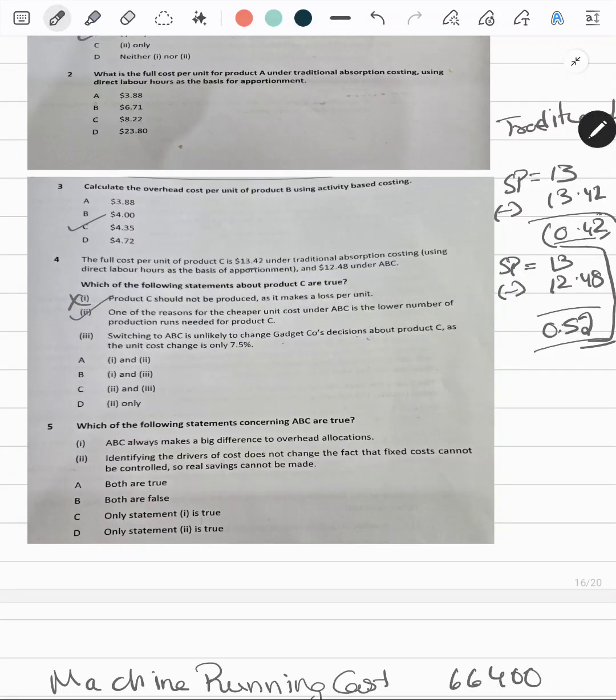Switching to ABC is unlikely to change Gadget company's decision about product C, as the unit cost saving is only 7.5%.